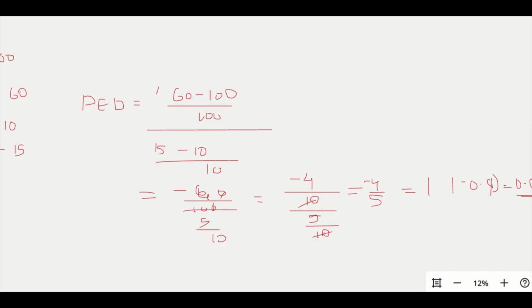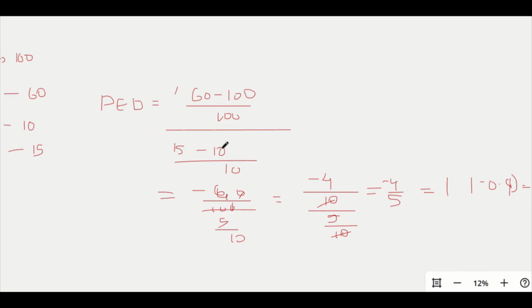Each and every elasticity has its own range, whether it is less than 1, greater than 1, equal to 1, or equal to 0. We have different values for each. For an elastic demand, the value should be greater than 1. This is how we substitute the values and do the calculations.